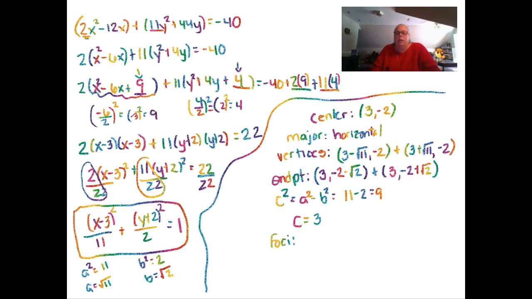So for our foci, our c gets added and subtracted to the x-coordinate of the center. We'll have 3 minus 3, negative 2, and 3 plus 3, negative 2. So our foci will be located at 0, negative 2, and 6, negative 2.